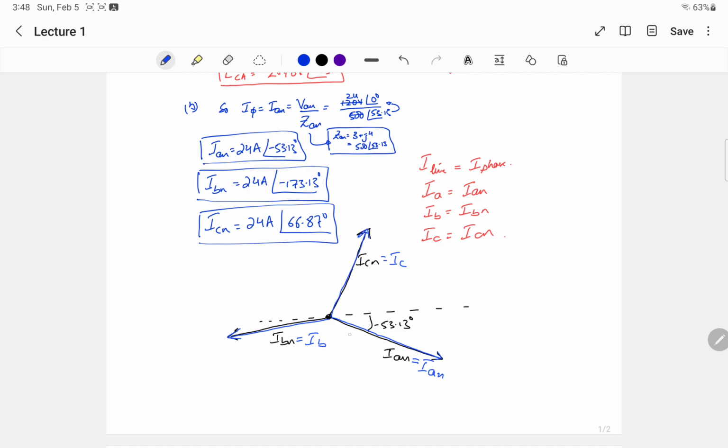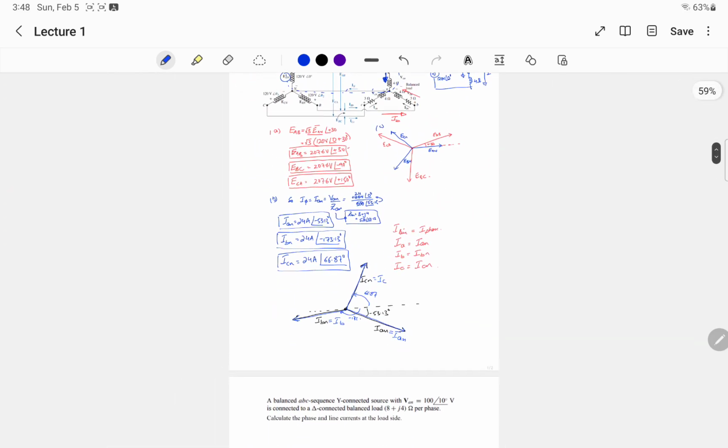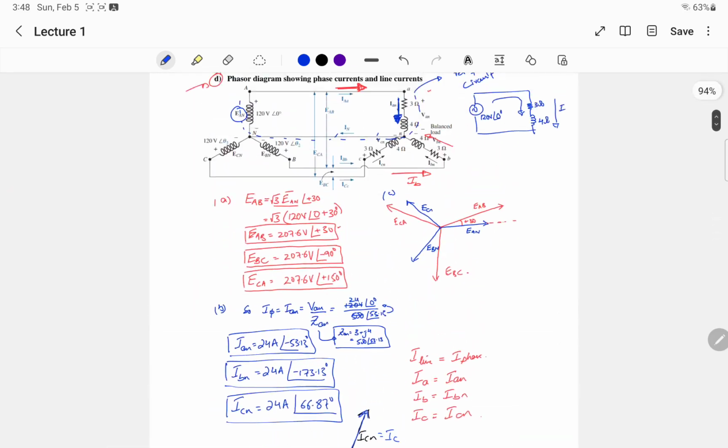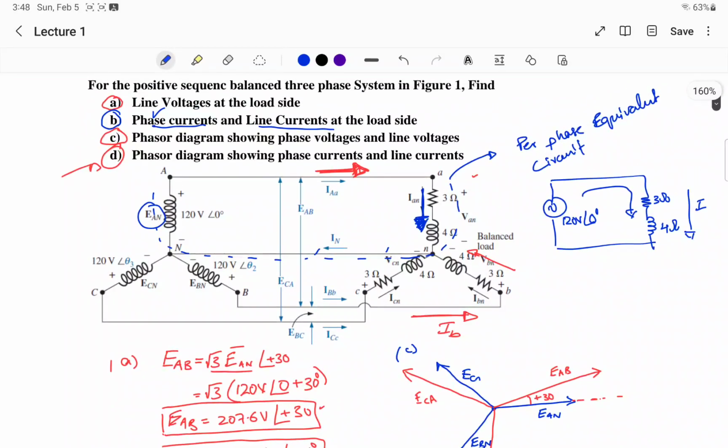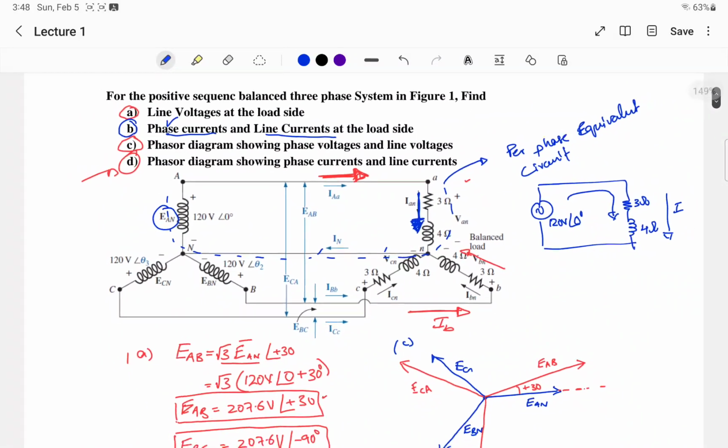Do you see? This angle here is minus 173, and this angle from the reference here is 66.87. So this is how I have solved a simple YY connected load.